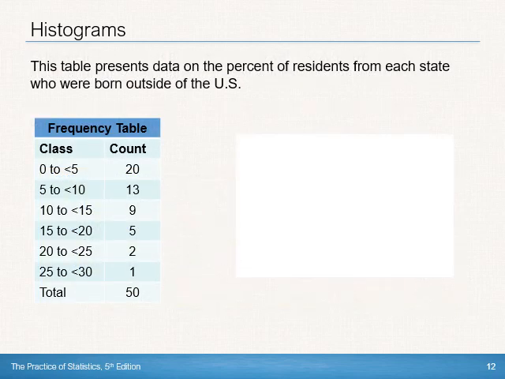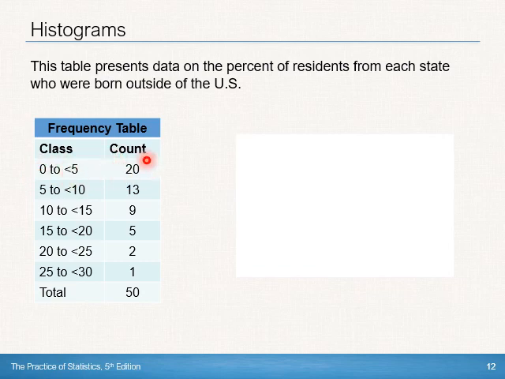So here we have data that represents the percent of residents in each of the 50 states that were born outside of the United States, or foreign-born residents. So if we look, the first class is from 0 up to, but not including 5.